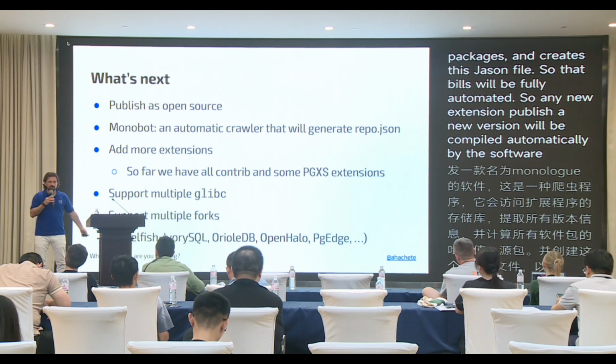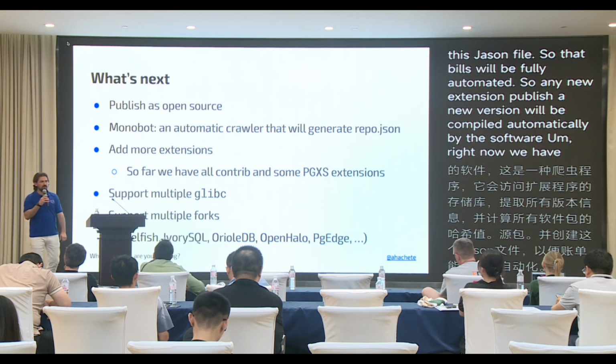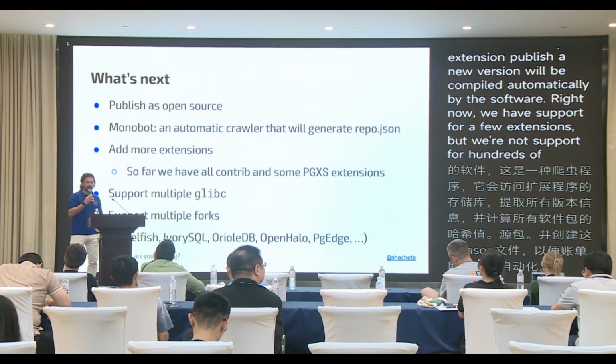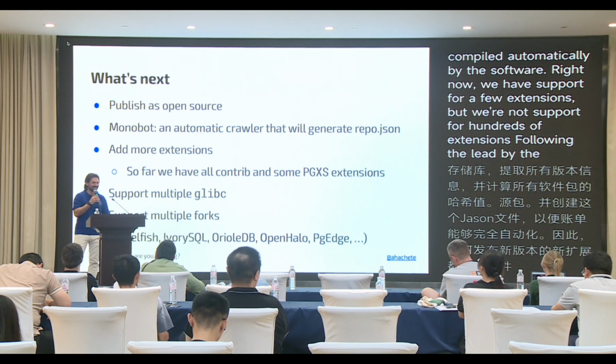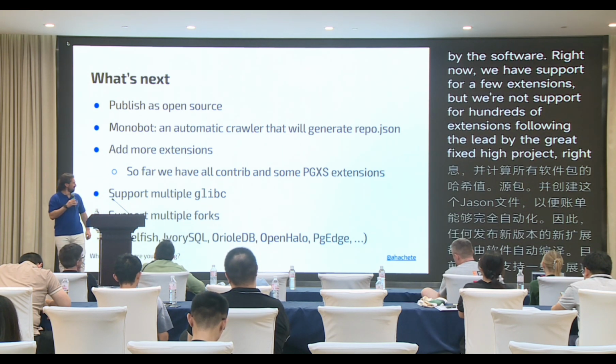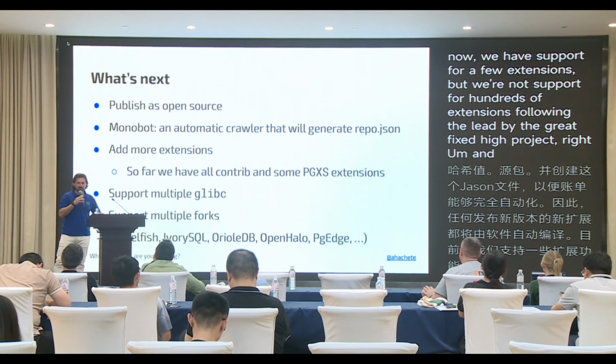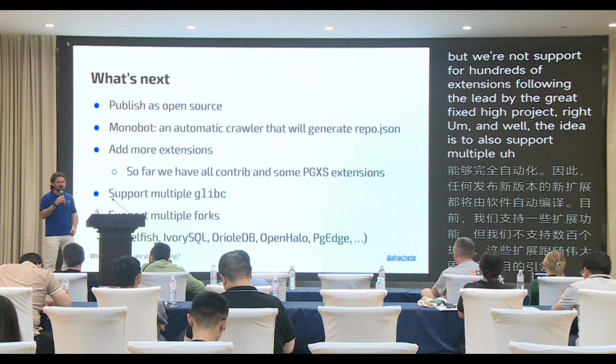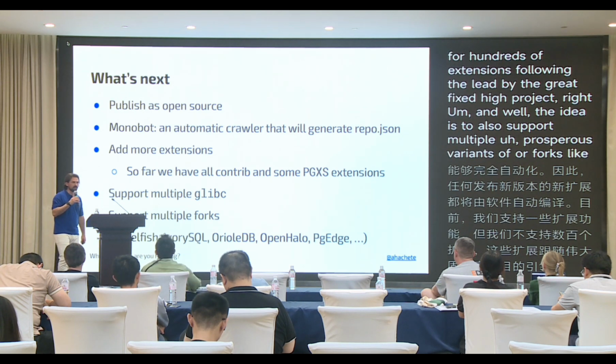Right now, we have support for a few extensions, but we want to add support for hundreds of extensions, following the lead of the great Pigsty project, right? And well, the idea is to also support multiple Postgres variants or forks like Babelfish or IvorySQL, for example.